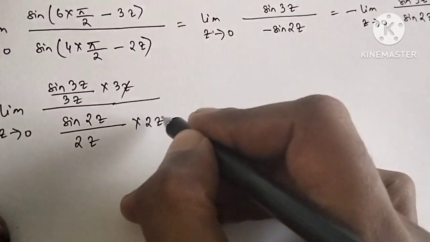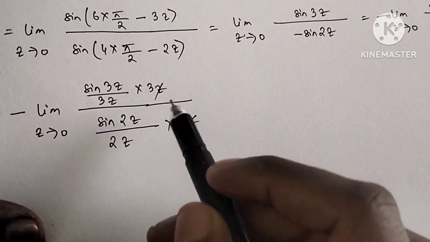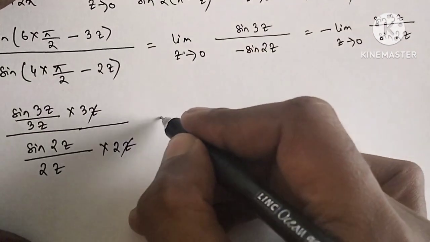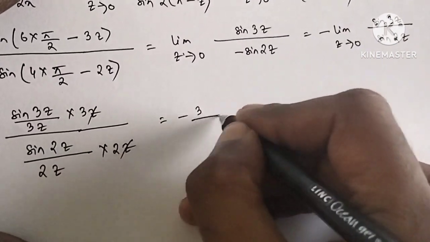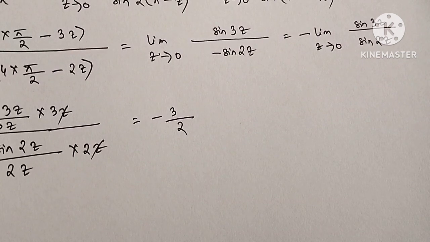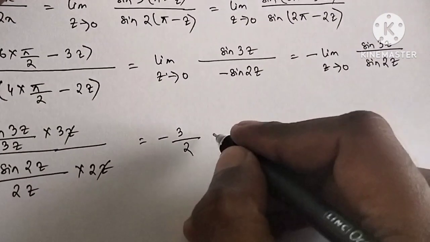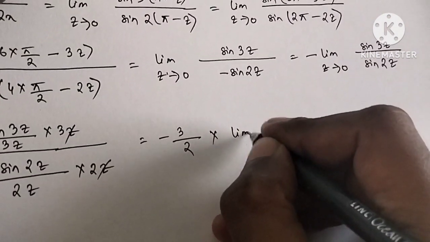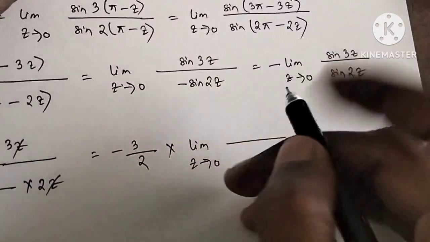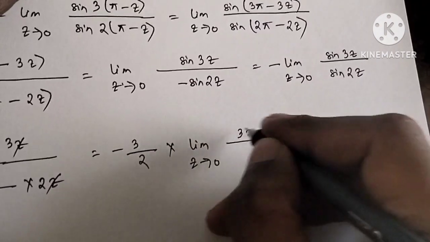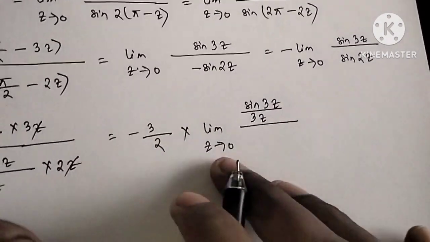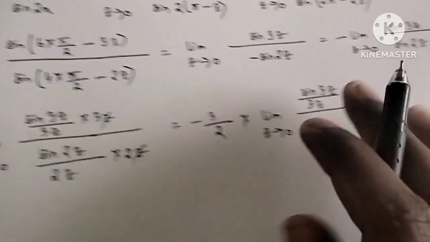So this z and z will get cancelled, and this 3 by 2 will come out, again minus 3 by 2 into limit z tends to 0, sin 3z by 3z, then sin 2z by 2z.